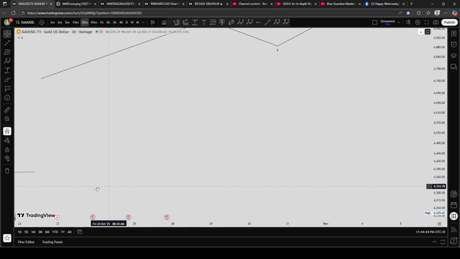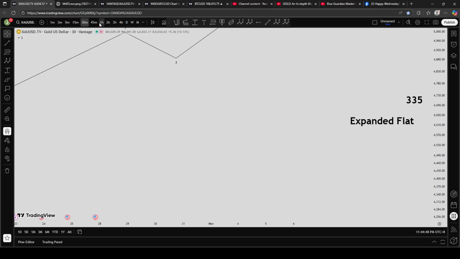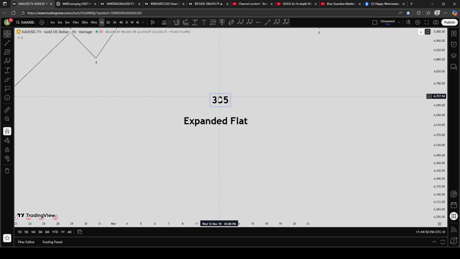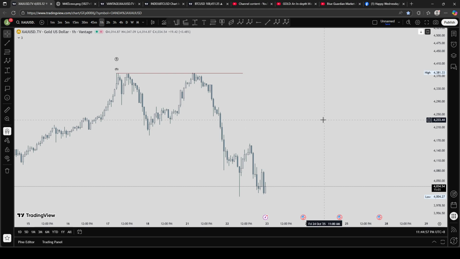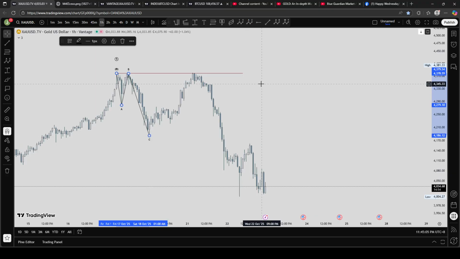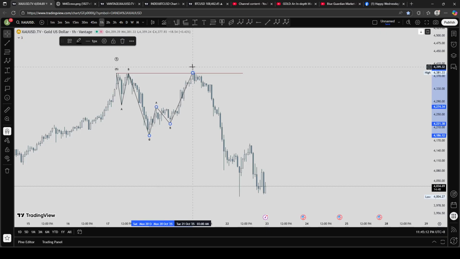Now the second condition to check whether it's really an expanded flat or not is the wave counting structure, which is 3-3-5. Let's see if it is really 3-3-5. We have A, B, and then we have the C here. And then we have another A, B, C. So we have that 3.